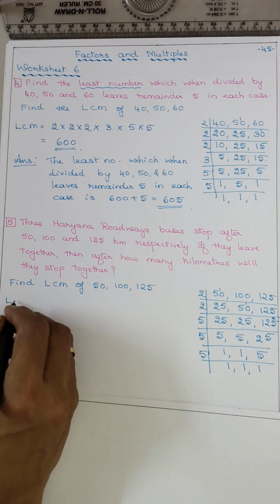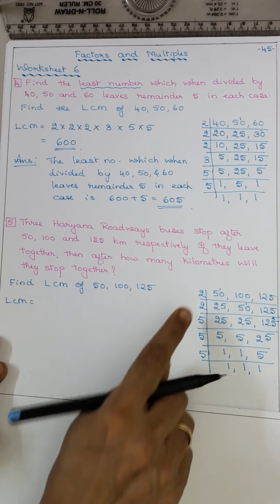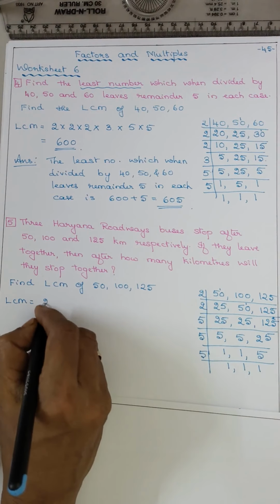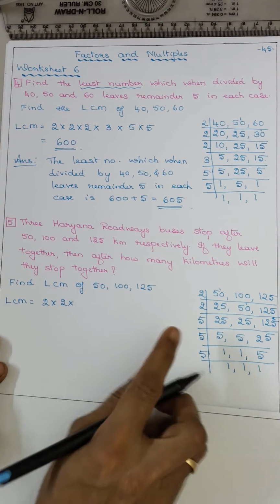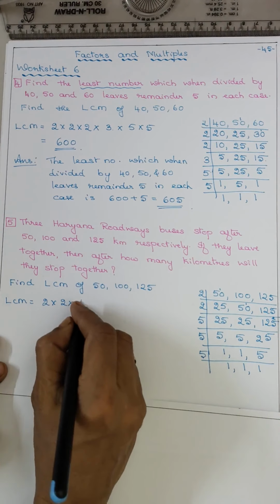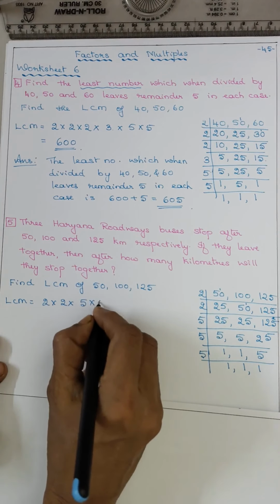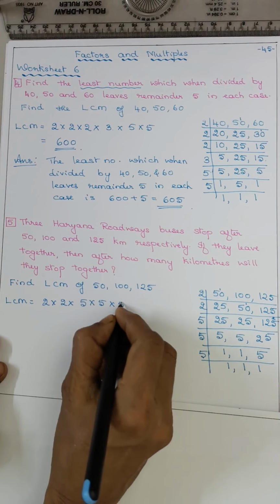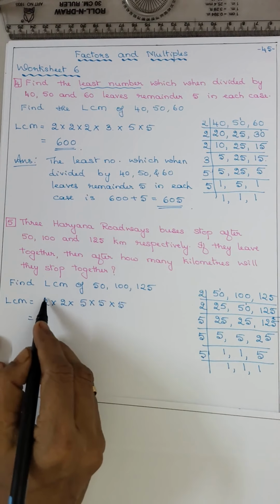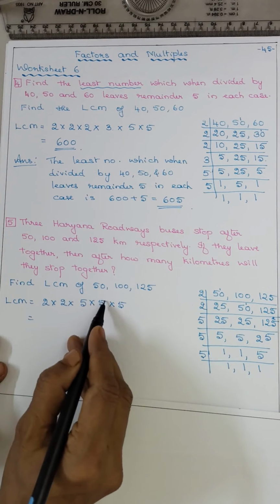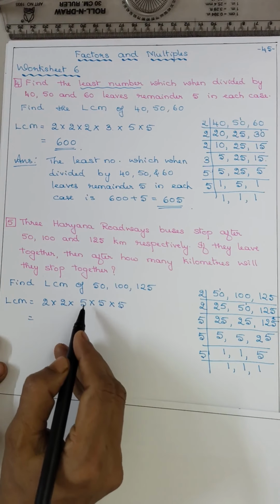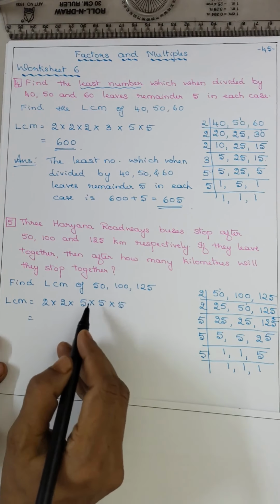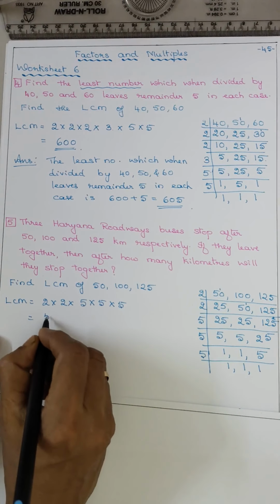So you got LCM is equal to 2 times 2 and 3 times 5. So 2 5s are 10, 2 5s are 10, then 5. 10 10s are 100, 5 times, 500.